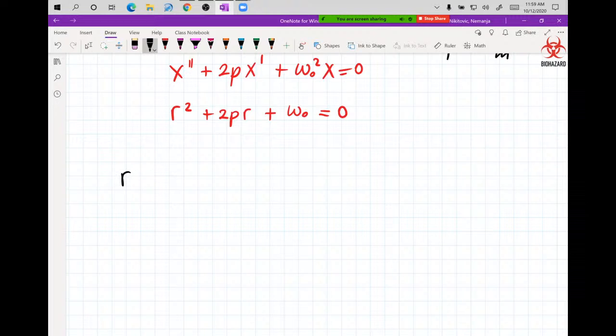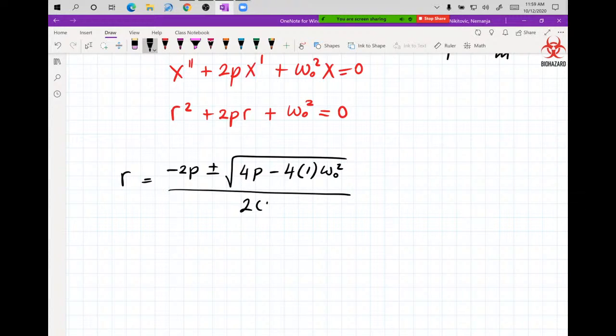So r should be equal to negative b plus minus the square root of b squared minus 4ac, divided by 2a. Oh, I forgot the square here. This is your standard quadratic formula, nothing special, nothing weird.